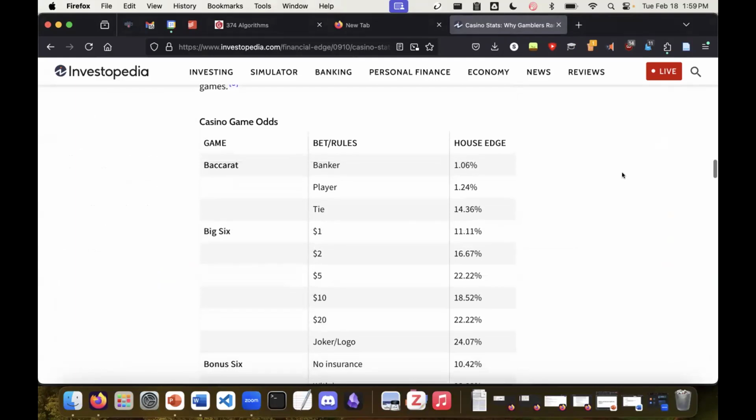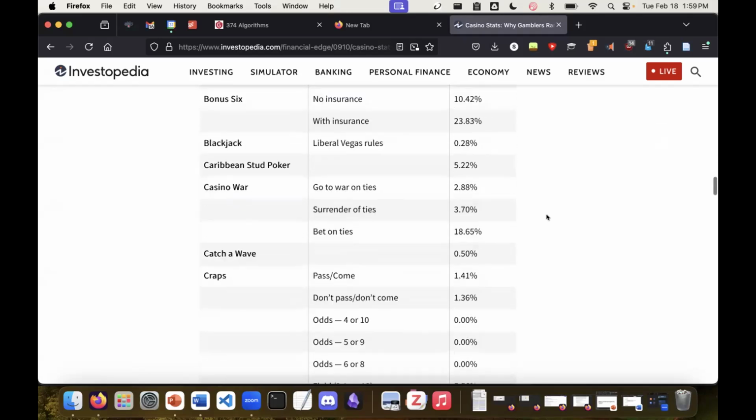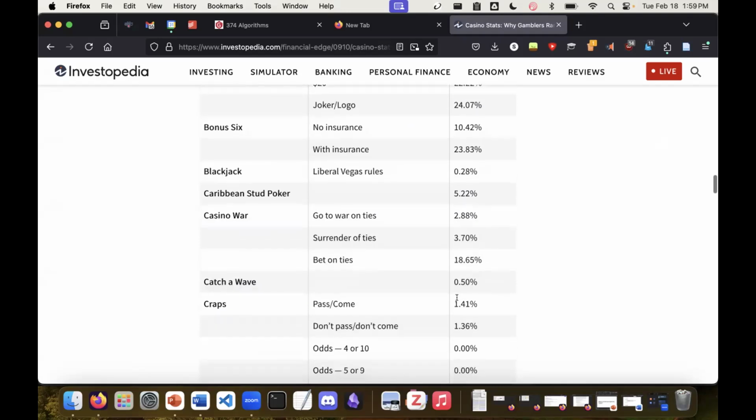So the textbook has some discussion of the actual probability of winning for some games. Depending on which games you decide to play, you have some chance of winning. And so this is the house edge.